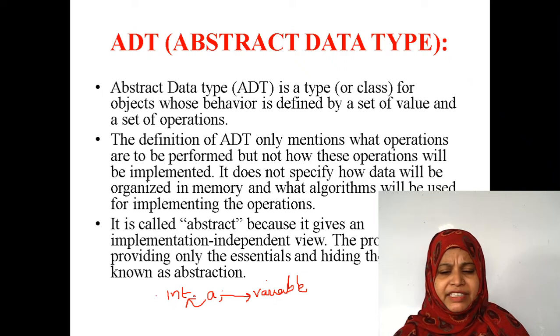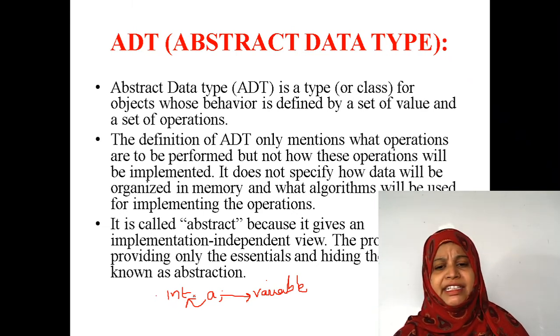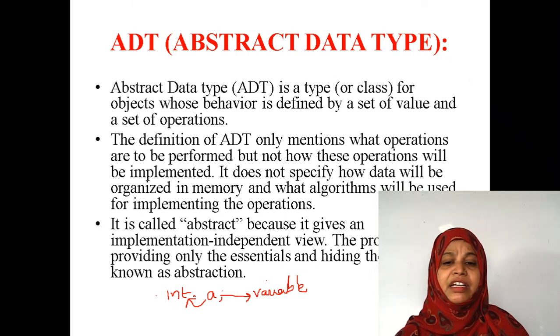Abstract data type only mentions what operations are to be performed, but not how these operations will be implemented, and it does not specify how data will be organized in memory and what type of algorithms will be used for implementing the operations. Here in int a, the user knows that 2 bytes of memory is required to store the variable a.